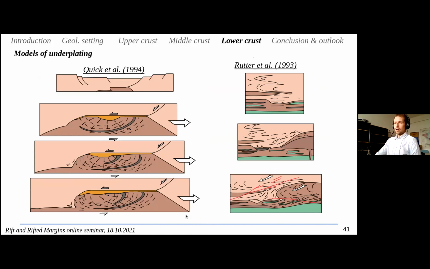And therefore, the construction of these underplated mafic bodies is quite short, occurs rapidly, with host rock deformation that is quite restricted, and the melt that potentially lubricates shear zones is quite short-lived also.